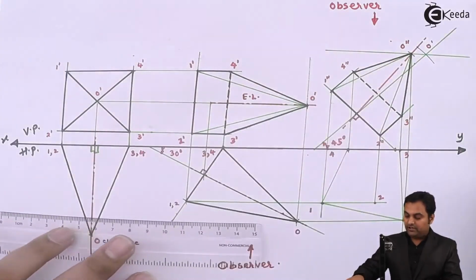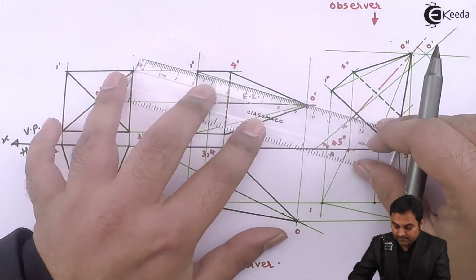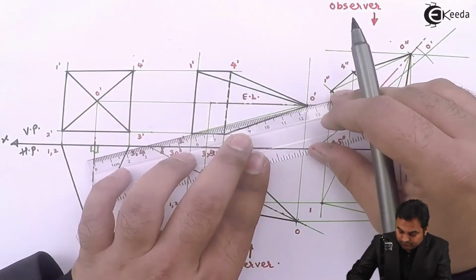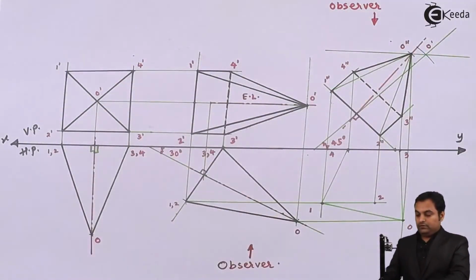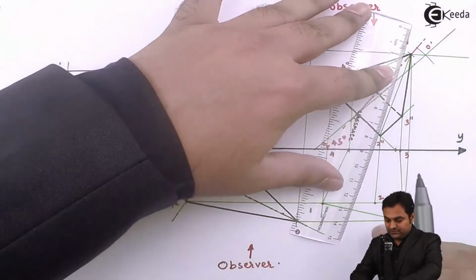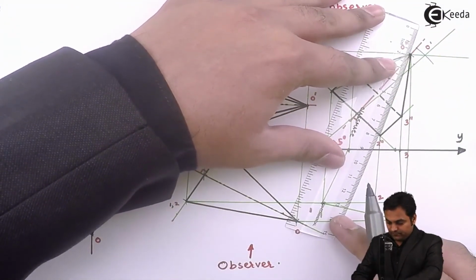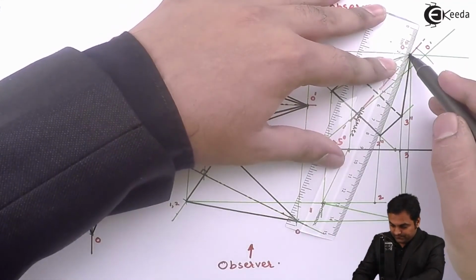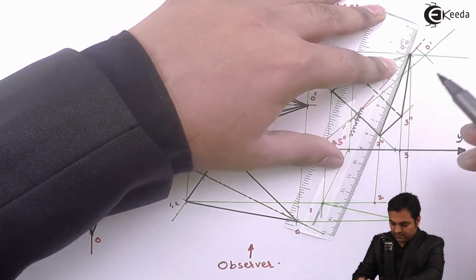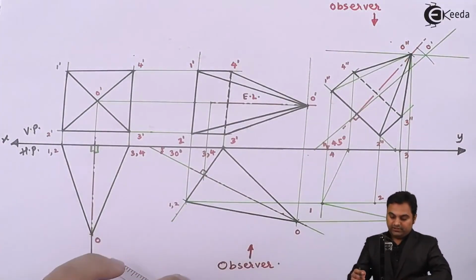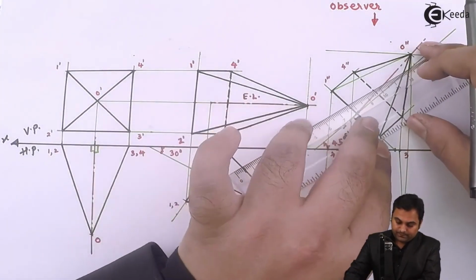So first drawing it light and then I'll make it dark. Next, the same edges from O double dash to 2 double dash will be dark, and O double dash to 1 double dash will also be dark.